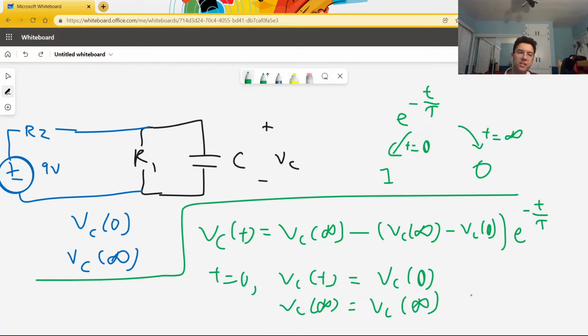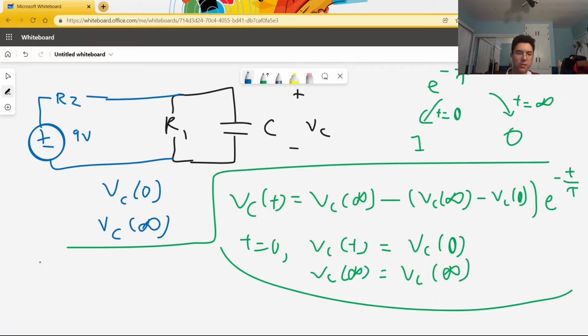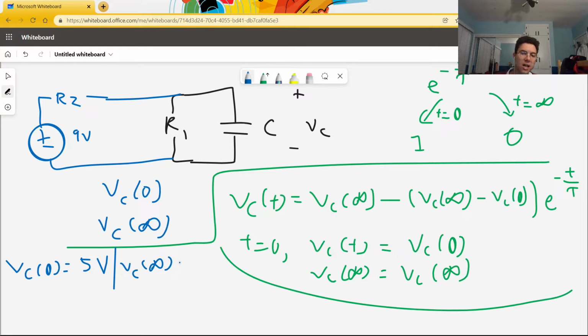Let's have a concrete example with some numbers. Suppose that in this circuit, the original Vc0 was equal to 5 volts. And suppose we determined that the voltage across the capacitor at the steady state after a long time is equal to only 4 volts.